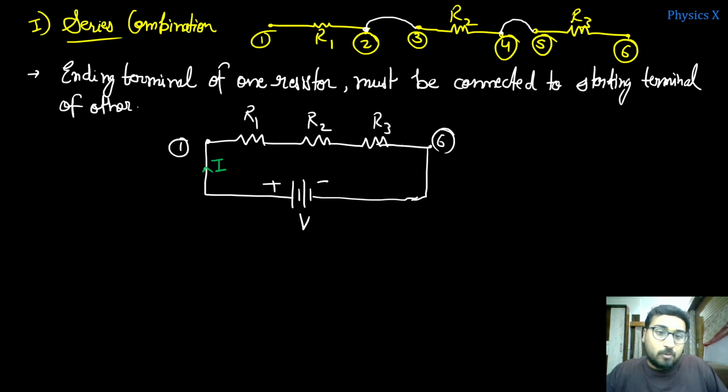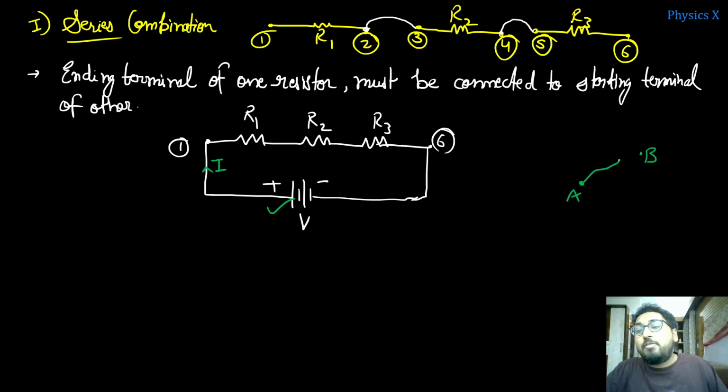Now suppose I consider the current in this case is I. I told you that the flowing of current requires two conditions. One is the presence of a potential difference, which is here. And the second condition is that there must be a closed path for current to flow. So you can see that the current has only one path or one loop to flow, that is this loop. Suppose there are A and B stations.